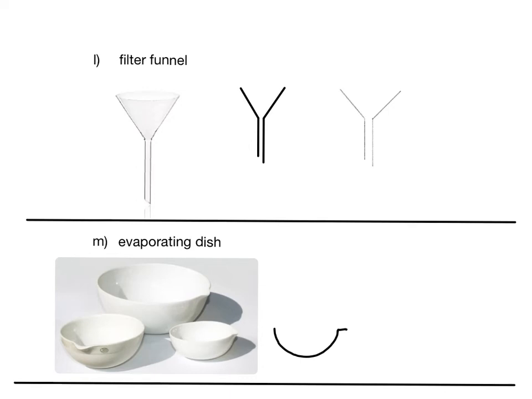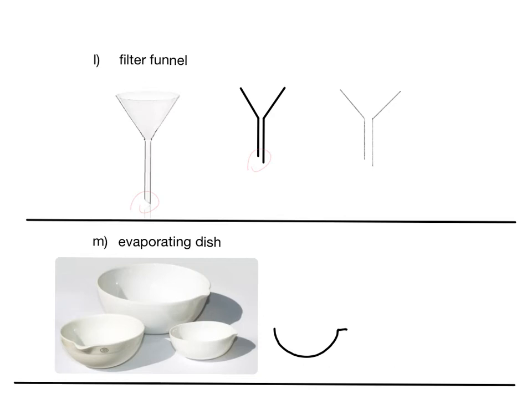Okay, so yes, this is a filter funnel, so just pay attention here. One of them is longer. This is because you want to allow the water to flow more smoothly.